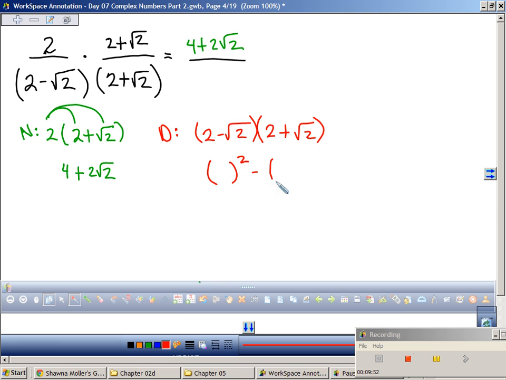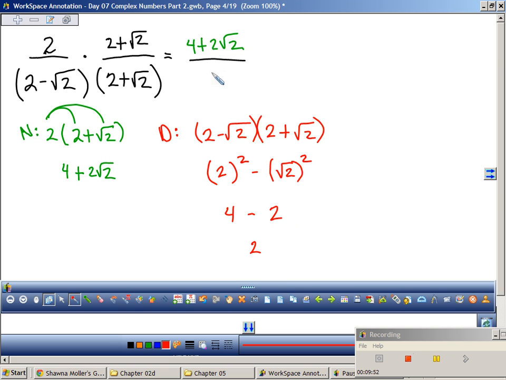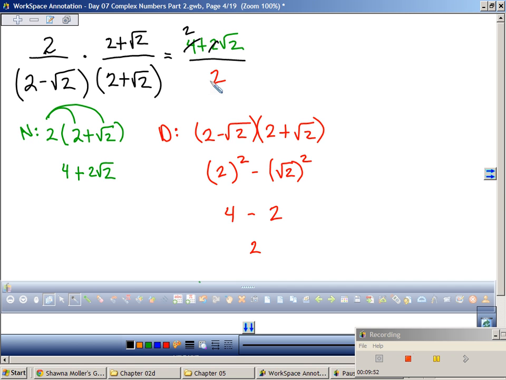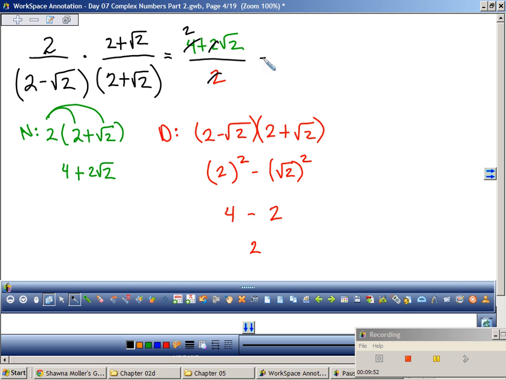It's a difference of two squares, where 2 is my first term and the square root of 2 is my second term. 2 squared is 4, minus the square root of 2 squared is 2, so 4 minus 2 is 2. That is my denominator. But I'm not done, because everybody's got a 2. So I take a 2 from each, and my answer is 2 plus root 2 over 1.